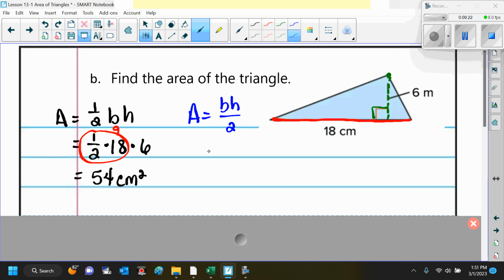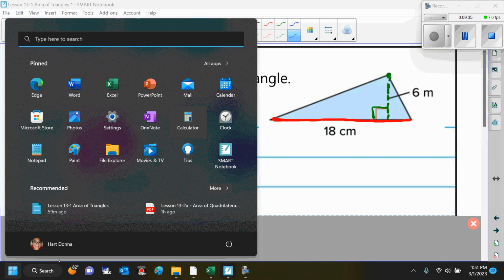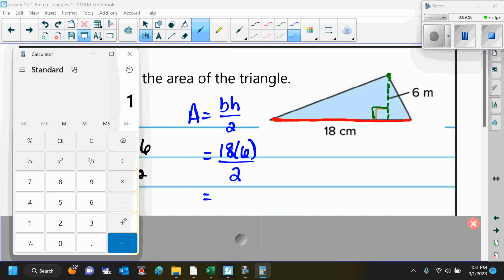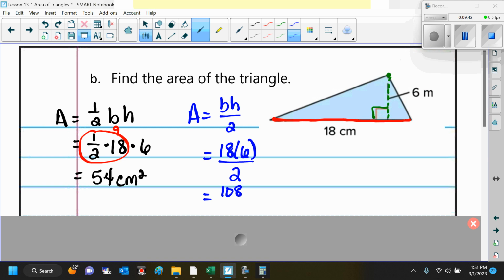You could also use the other formula. The base is 18 times 6 divided by 2. So when we do that, 18 times 6 gives us 108.